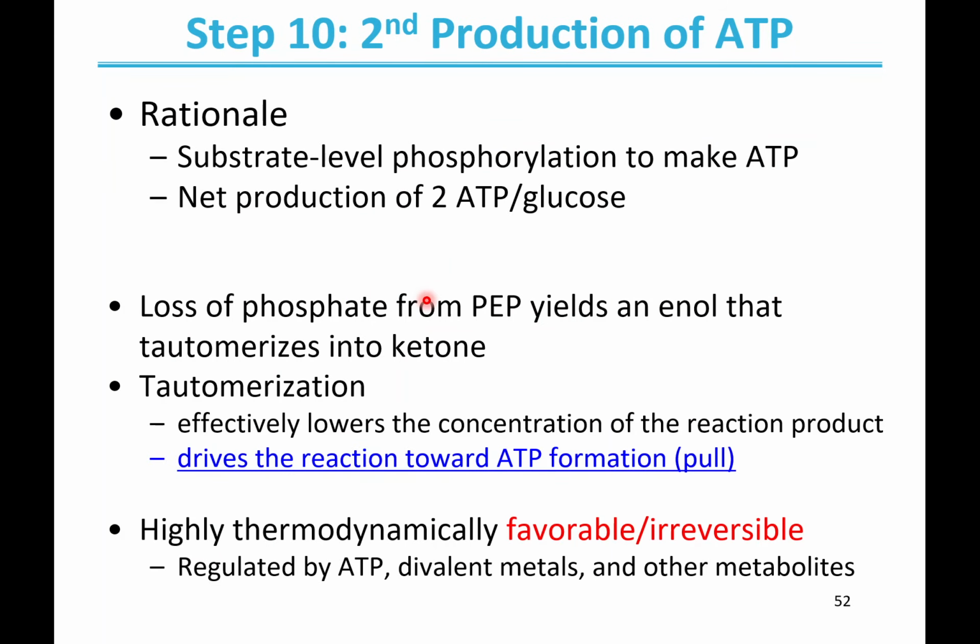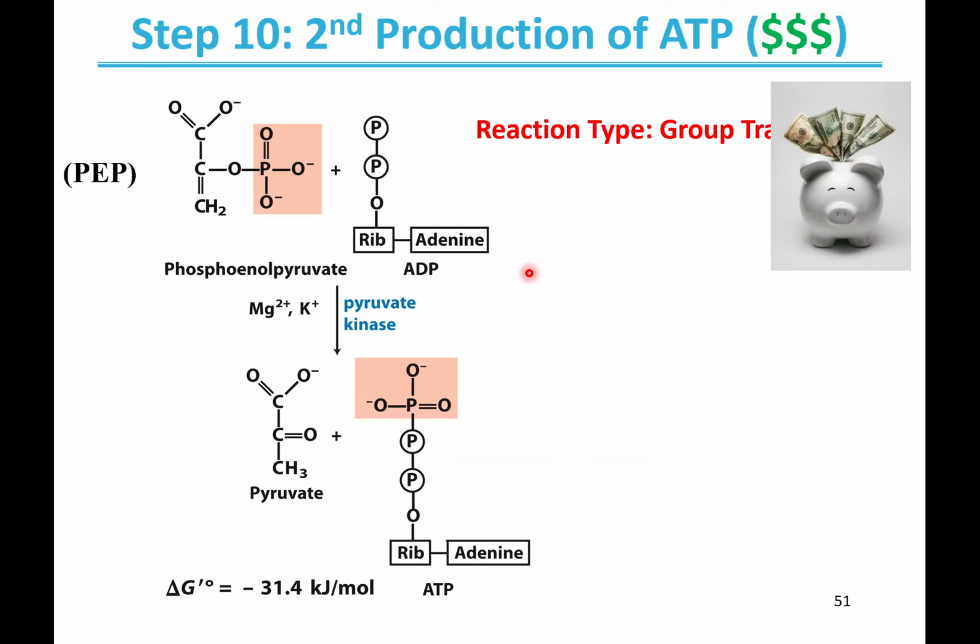Okay. The rationale behind this, again, is the second substrate level phosphorylation to make ATP. And this is actually the payoff step of ATP, because if you think about it, you have two molecules of PEP that come through here for each molecule of glucose.